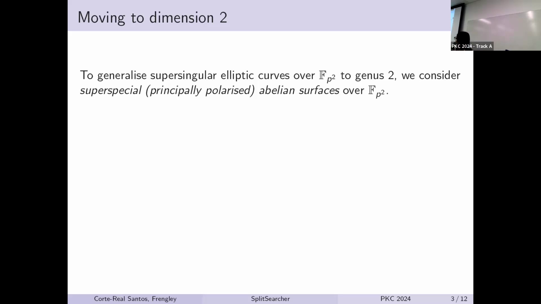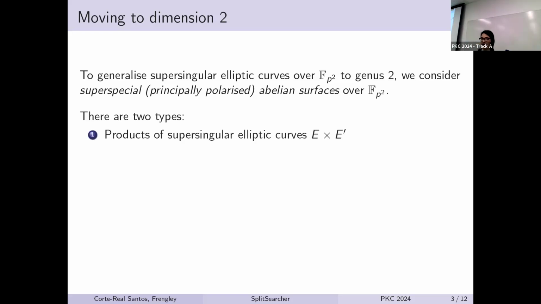I'll now introduce some objects that we'll be working with. To generalize the elliptic curves that we use in dimension 1, we instead consider superspecial abelian surfaces over the same finite field. There are two types of these surfaces. The first is the reducible type, where your surface is equal to a product of elliptic curves.